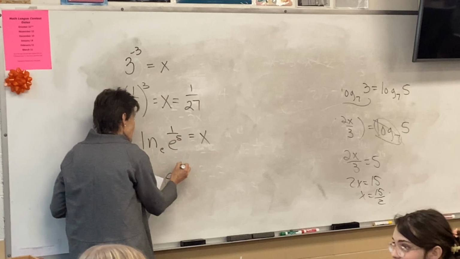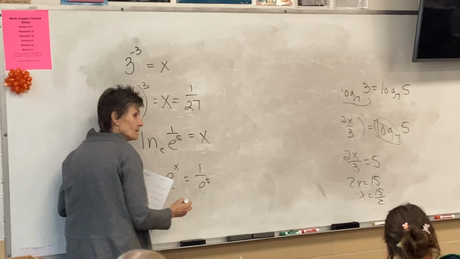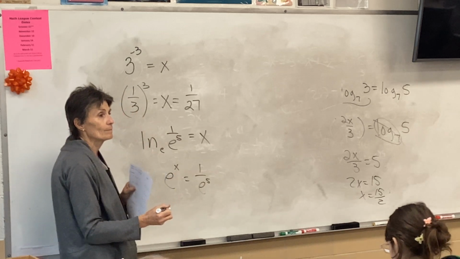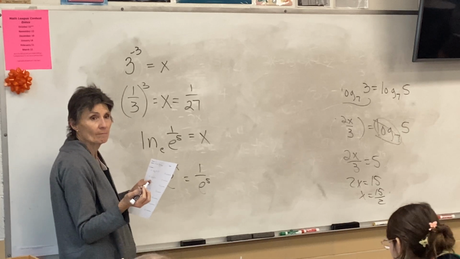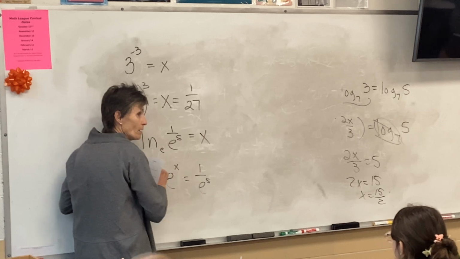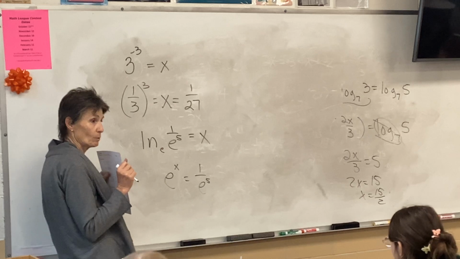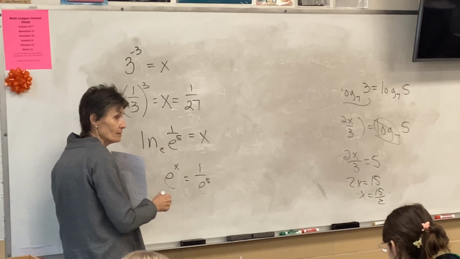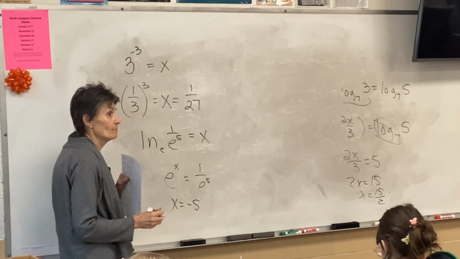So E to some power equals 1 over e to the 5th. Now again, use what you know about exponents. Doesn't that have to be a negative number since it's 1 over? And since it's a 5, I guess that negative number will be negative 5. So the answer to the problem is negative 5.